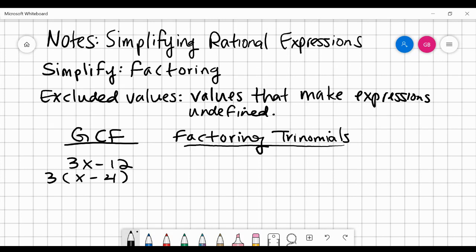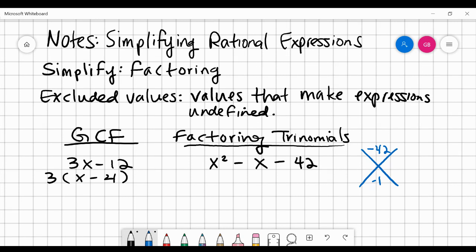Some of these expressions might look like this: x squared minus x minus 42. So just as a reminder, to factor this trinomial out, we're looking for numbers that multiply to negative 42 and add up to negative 1.